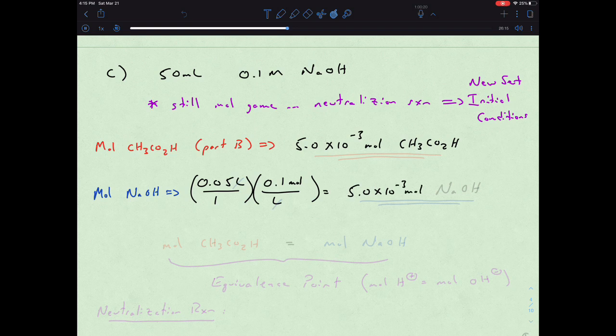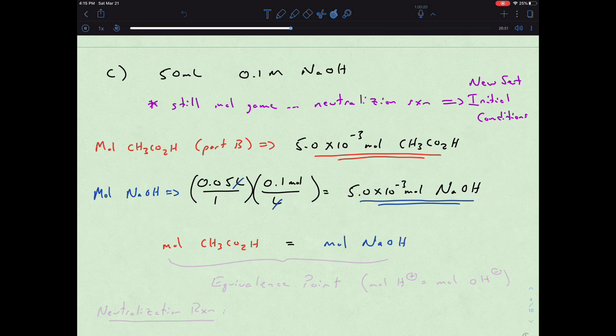So we find that this is a case where we have the exact same moles of sodium hydroxide as we do our acetic acid, what we're actually titrating. So our moles of acetic acid is now equal to our moles of sodium hydroxide.